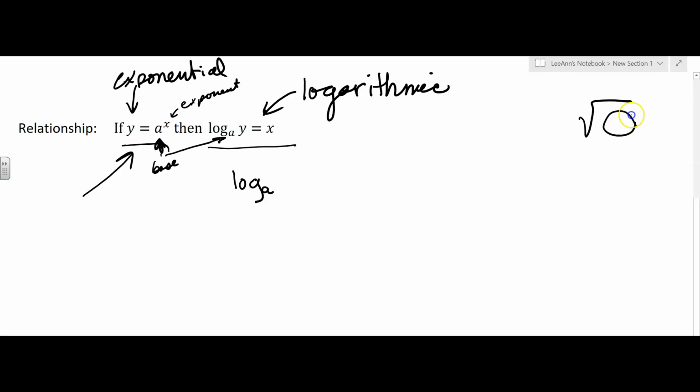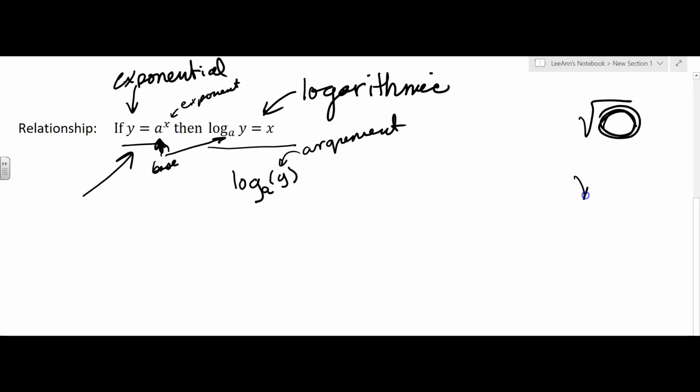You have to have something underneath, right? You have to have a radicand. Okay, well, in this case, the logarithm, I'm going to put parentheses right here. I don't have those in the original one, but you can put parentheses, and sometimes they're necessary. But this here that you're taking the logarithm of, it's called the argument. In this case, it's y, but it's called the argument.